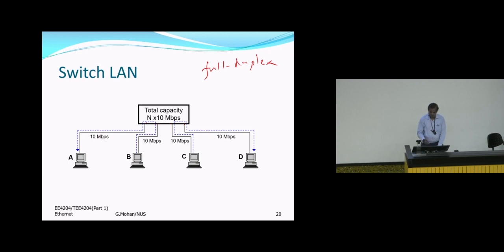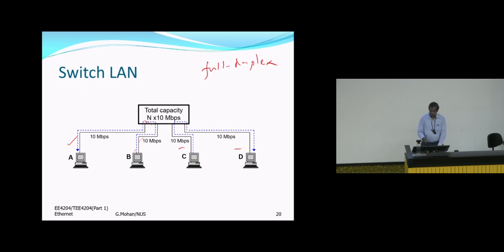So if you look at this example, let's say B sends some data to A. At the same time, C will send data to D. Why? Because the switch is more intelligent than the hub or bus. Hub and bus are very dumb devices.